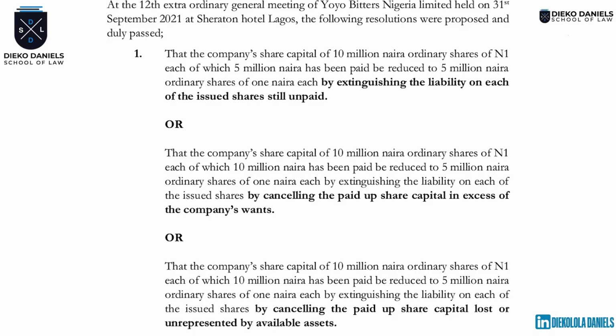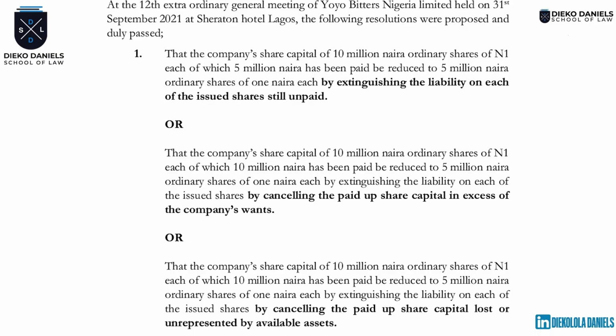So you tell us, where are we right now? We have 10 million naira ordinary shares of 1 naira each. How many people have paid? This number of people has paid. Now we want to reduce it to this. How do we want to reduce it? By this. Just put it in your head in that flow, like that.